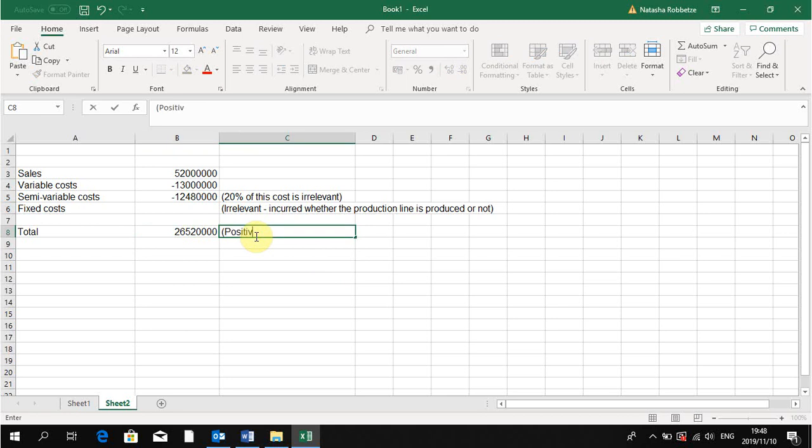And because it's positive, we're going to say, yes, they should indeed produce this product line because they are going to make a profit from it. So do produce it. It will give you 26,520,000 Rand profit, which is what we want to strive for. We want to be profitable.